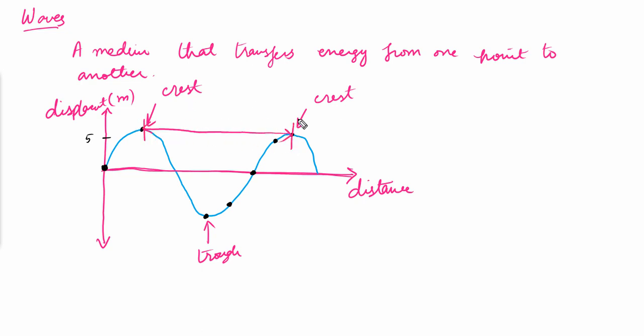So from here to here, it will be a wavelength, and we represent wavelength by a symbol that is called lambda. So this is the symbol. So I'll write down the definition over here for the wavelength.